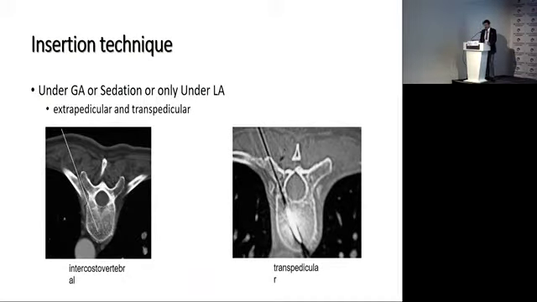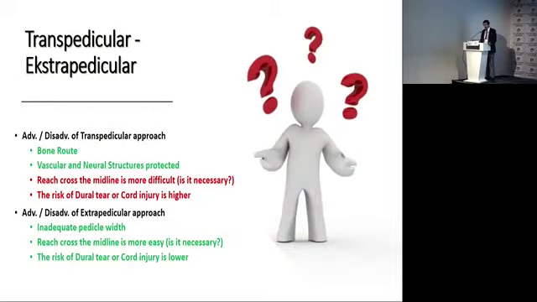And there are several insertion techniques. We can group them into the extrapedicular and transpedicular approach. What are the advantages or disadvantages of these approaches? The advantage of the transpedicular approach is that the route is only in the bone hole, and you can protect the vascular and neural structures.